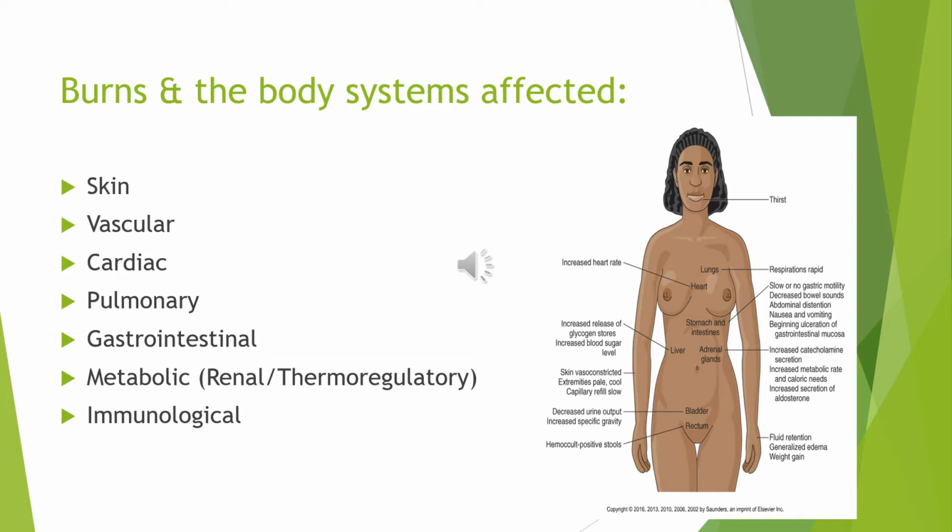But our skin, again, shows notable alterations depending on the degree of burns. And number one, there's a break in our defense protective barrier, so our patients are at very high risk for infection that can lead to sepsis and other problems.